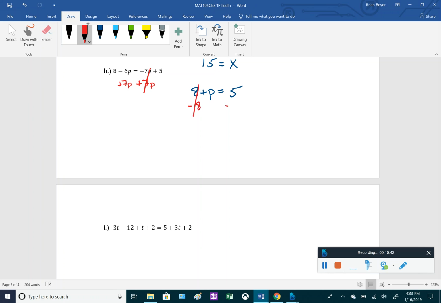So it cancels on the left-hand side, and we're left with 5 minus 8 on the right-hand side. So we get p equals 5 minus 8, so p equals negative 3. Once again, you can check all of these by plugging them back into the original and make sure you get a true statement.